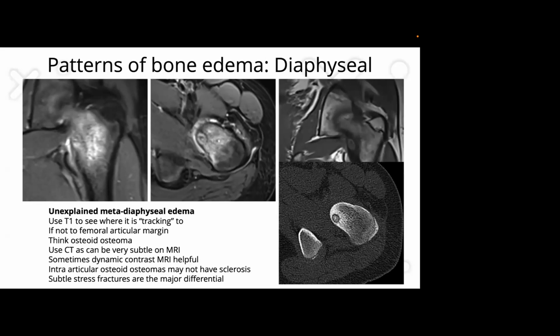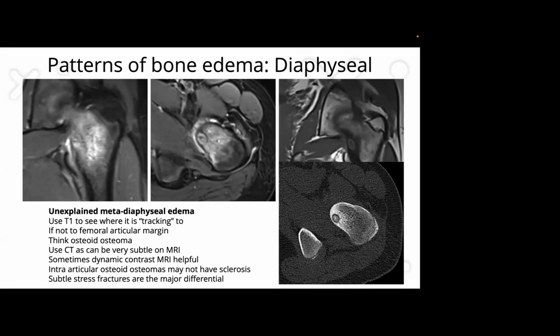So when you see unexplained meta or diaphyseal bone marrow edema, use T1 or T2 images to see where this bone marrow edema is tracking to. If it is not tracking to the femoral articular margin, then you've got to start thinking about osteoid osteomas. You can use CT because osteoid osteomas can be very subtle on MRI when they are small.